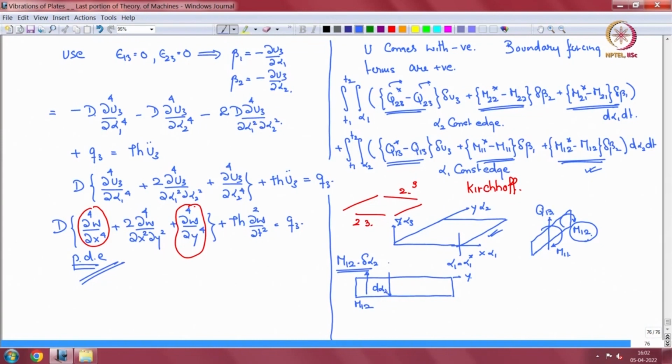and I have the next set of moments M12 plus del M12 del alpha 2 d alpha 2, and corresponding, let me do it on the other page.